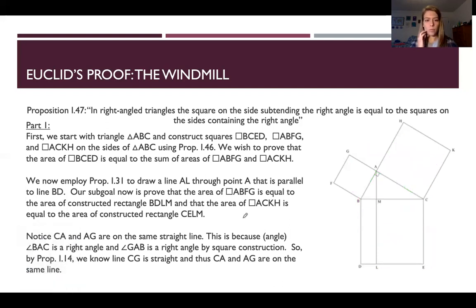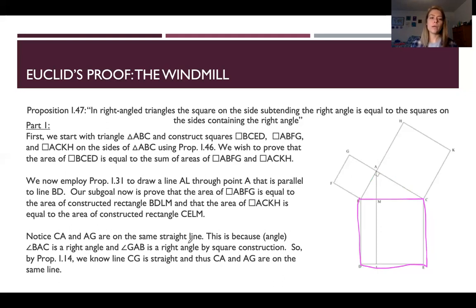Now we wish to prove first in part 1 that the area of BCED is equal to the sum of the areas ABFG, ACKH. All right, now that's the overall goal of the Pythagorean theorem.